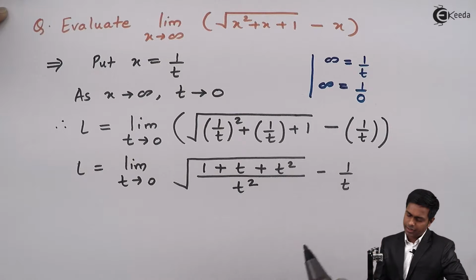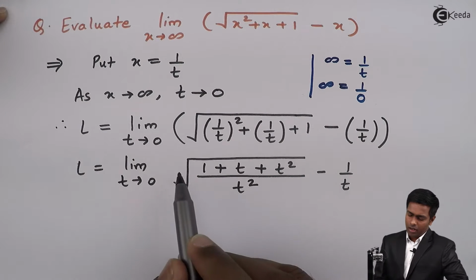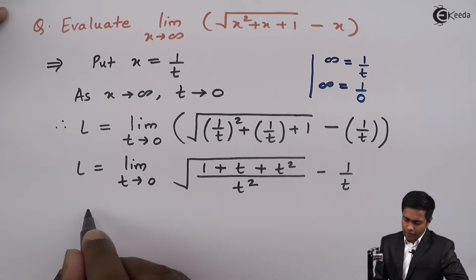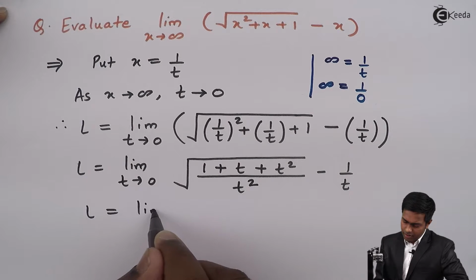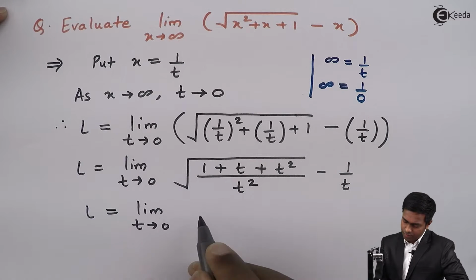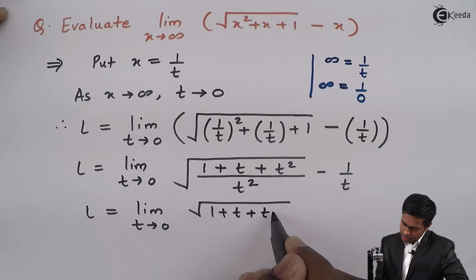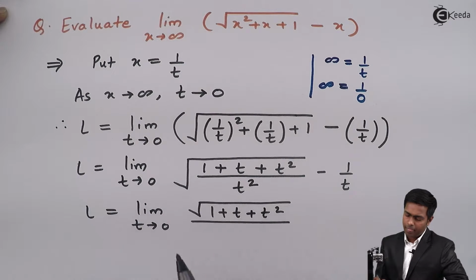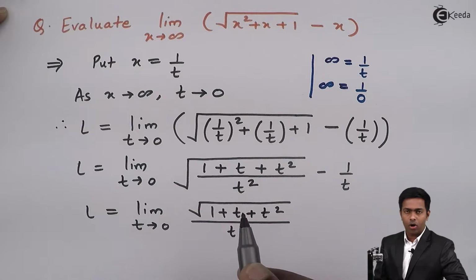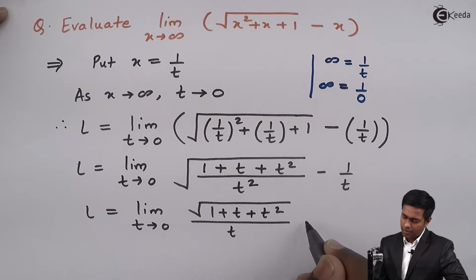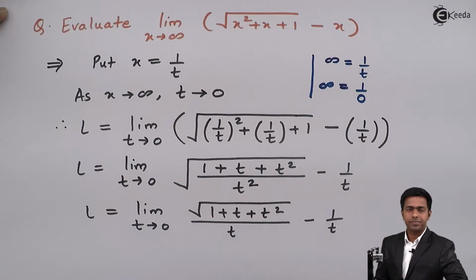So after taking the square root, we will get L as limit t tends to 0 square root of 1 plus t plus t square, whole upon t, because square root of t square is t, minus 1 by t.